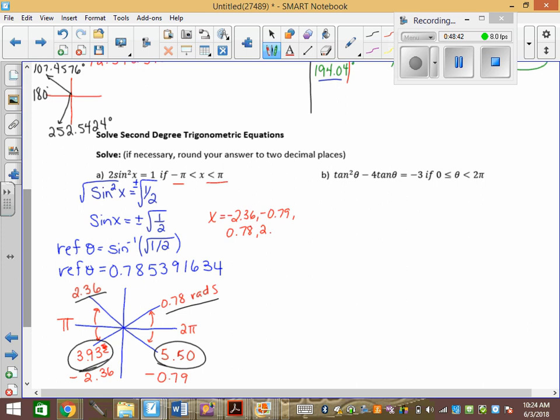I think it's supposed to be 0.79 and 2.36. Okay. Now remember, we could have typed this into our calculator, y1, y2. Change our domain to be between negative pi and pi, and we get the same 4 answers.